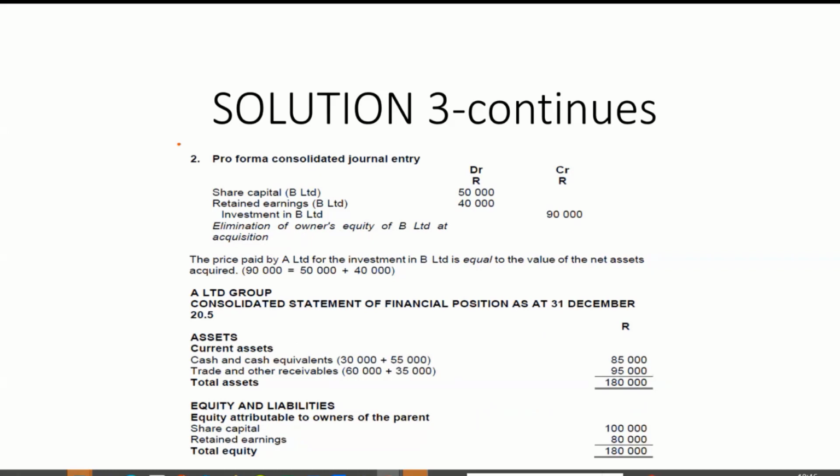So in this case, the pro forma journal entries or the consolidated journal entries to eliminate. Remember in the previous example that we did, the parent did not buy into the retained earnings because the parent acquired the subsidiary at the date of incorporation.